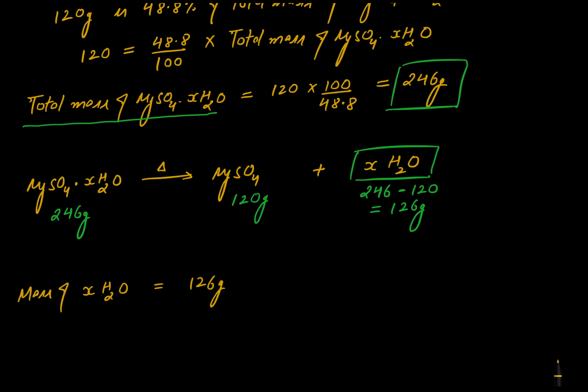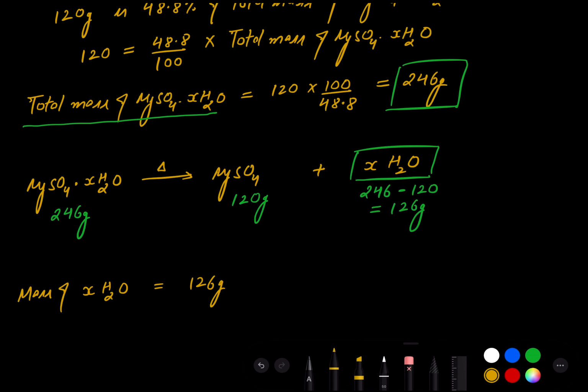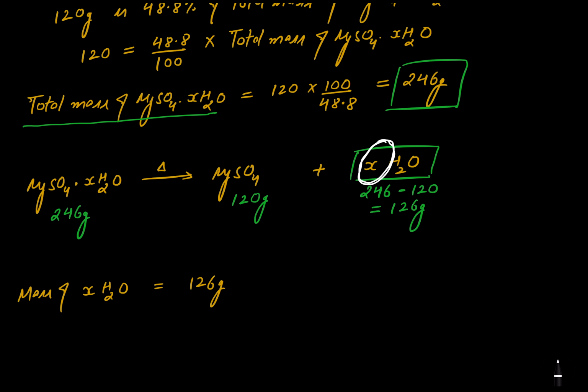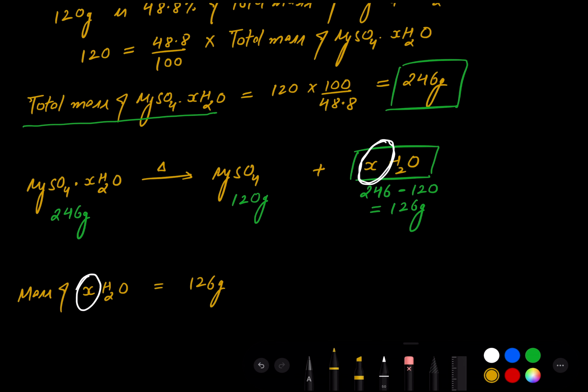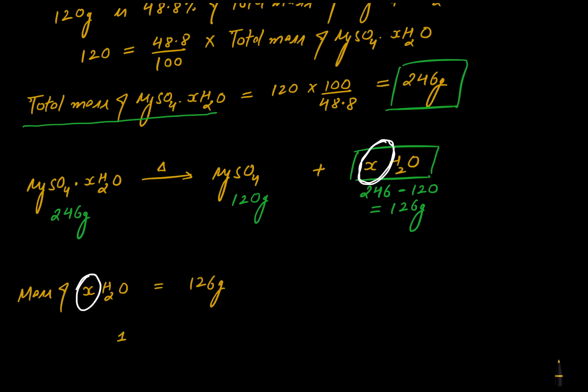So my motive here is to find the value of this X. So let's find the value of X now. The mass of one H2O: what's the atomic mass of hydrogen? It is 1. How many hydrogen are there? 2. Atomic mass of oxygen is 16, and it comes out to be 18 grams.